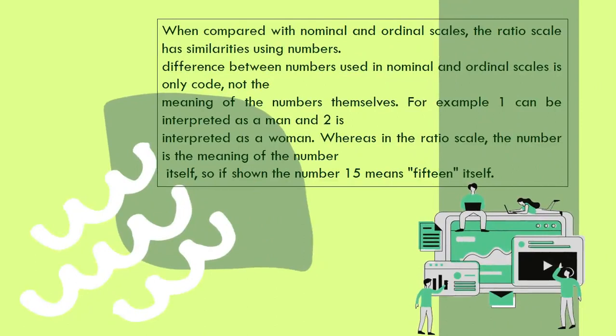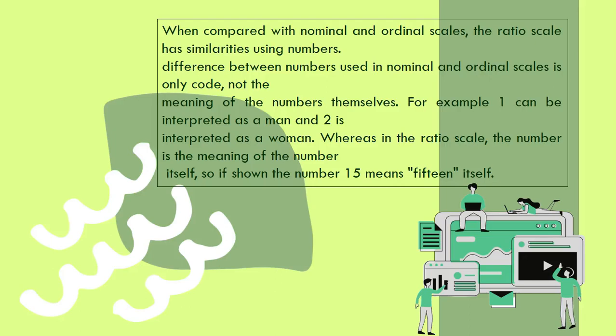When compared with nominal and ordinal scales, the ratio scale has similarities in using numbers. The difference is that the numbers used in nominal and ordinal scales are only codes, not the meaning of the numbers themselves. For example, 1 can be interpreted as a man and 2 is interpreted as a woman. Whereas in the ratio scale, the number is the meaning of the number itself.